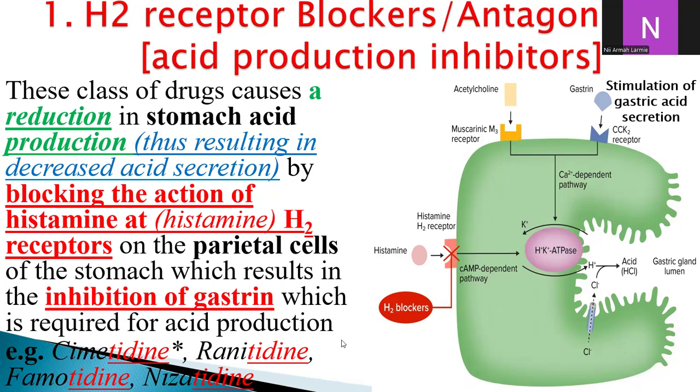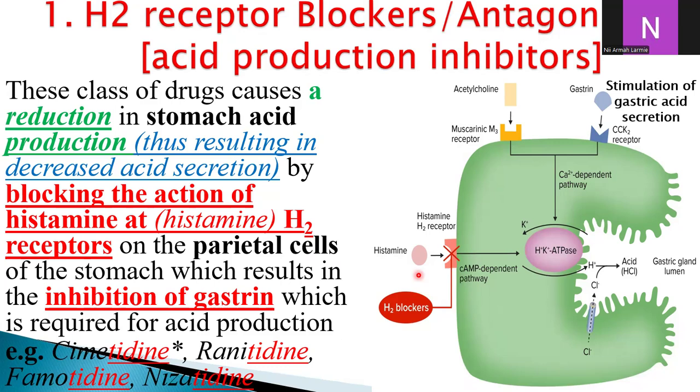So these 3 ingredients, if you like, mix together, work together, activate the parietal cells to secrete the HCl. They must all three be available for HCl to be secreted. So when we put in an H2 receptor blocker, what we do is that we interfere with one of the raw materials.